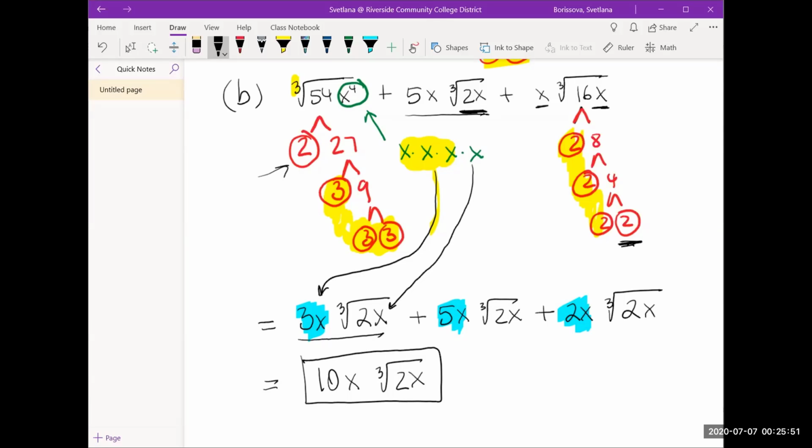For where it says x to the cube 16x, does that stay down with the 2 because it's already on the outside? So there are 2 x's, like one x is outside, and there's one x that's inside, right? Right. So the outside one stays outside, but then like the inside x, we have to check if it can be simplified or if we can pull it outside or split it apart.